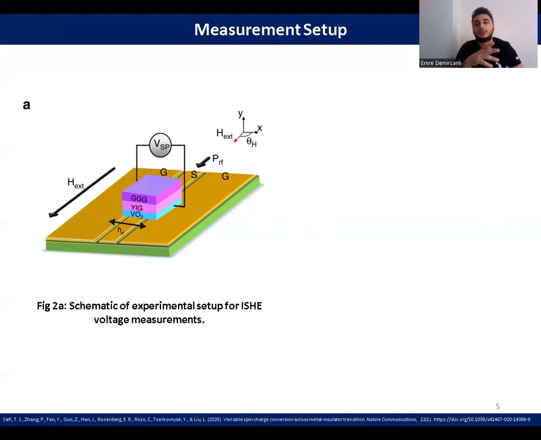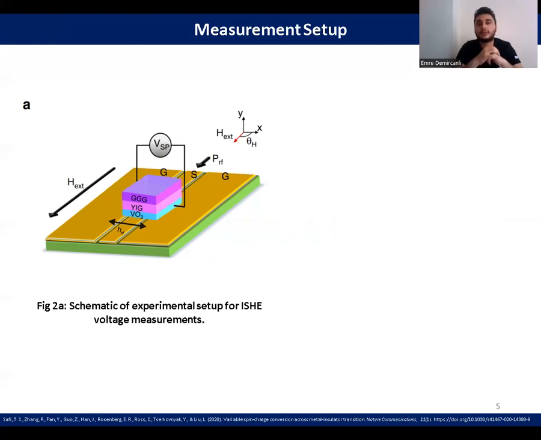The spin current from the magnetic resonance of the YIG layer is injected into vanadium dioxide along the y-axis, which is called GS, and there it is converted into transverse spin pumping voltage, which is called VSP.